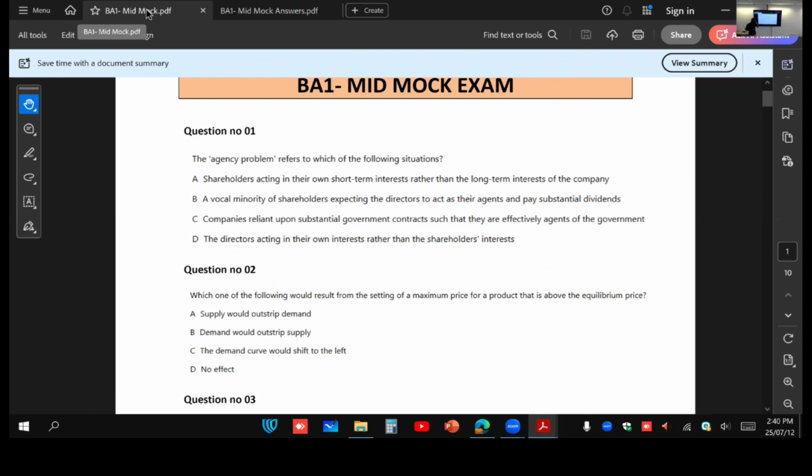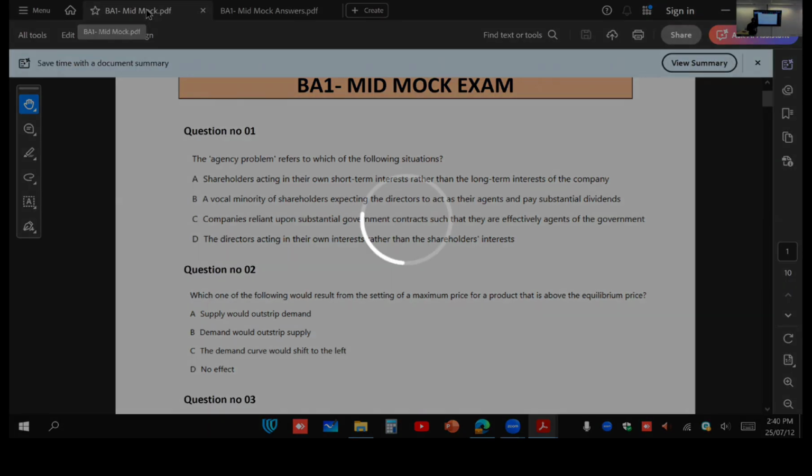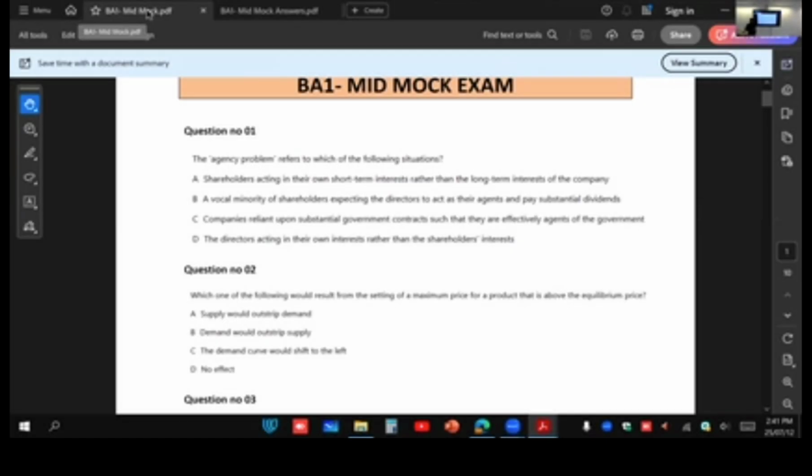What was agency problem, guys? Agency theory. We learned it under stakeholder management, is it? So agency problem refers to, what was agency problem? Anybody?